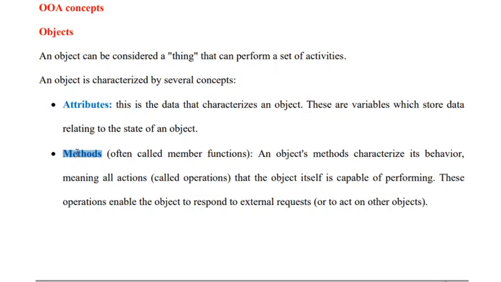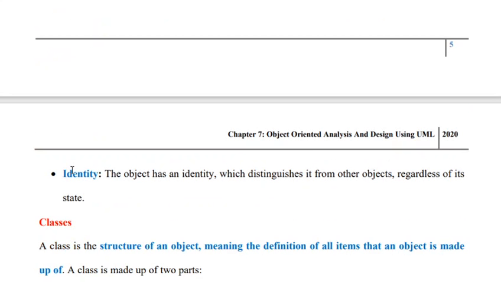These are the functions that work on the values of the attributes. So whenever an external object requests an operation to be performed, the object performs the behavior that's called a method.